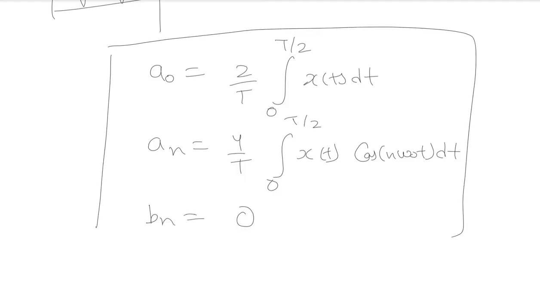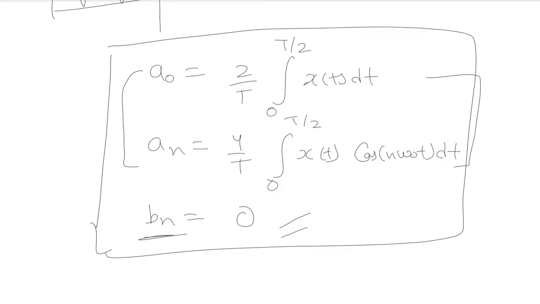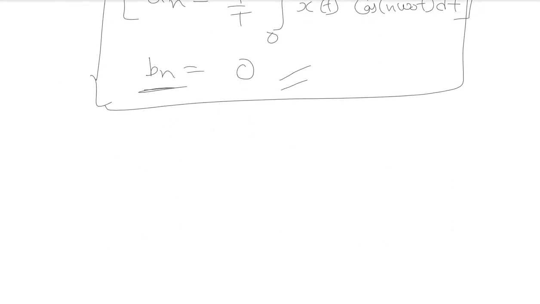So when we have the prior information that the given signal xt is periodic and even, we can straight away say that the Bn coefficient is 0. We don't need to calculate Bn, and for a0 and an, instead of using the conventional formulas, we can use these formulas which will help us simplify the calculation. Let us see the proof of these assumptions.